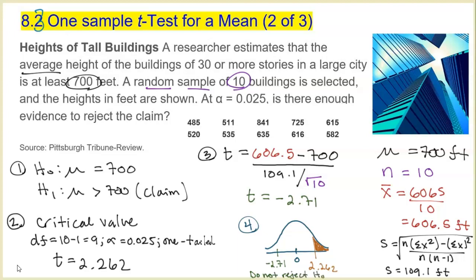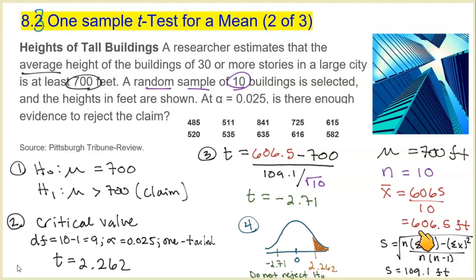So essentially, in this case, the researcher would need to reevaluate the alternative hypothesis, because of the sample of 10, the average was far less than she was wanting.